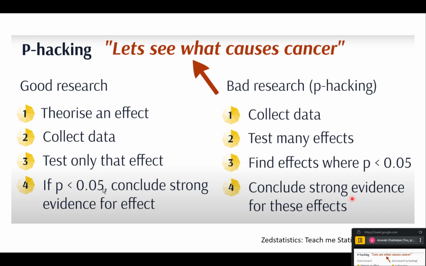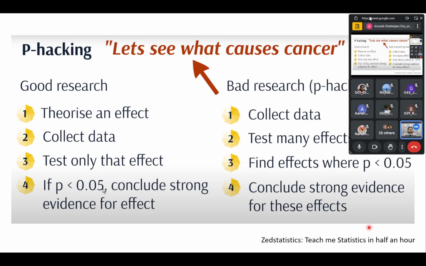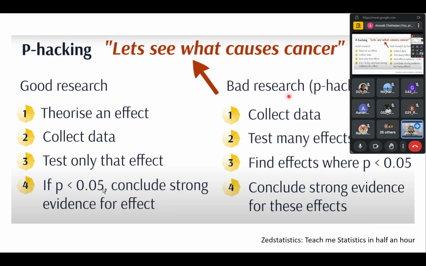Instead of going via the original route where you make a hypothesis first, you collect all the data, and then when you have all the data in front of you, you just choose the one that looks good and say yes, this is why my drug is better than drug B. This is known as p hacking, and it is not very nice and not ethically sound, but people do it all the time.